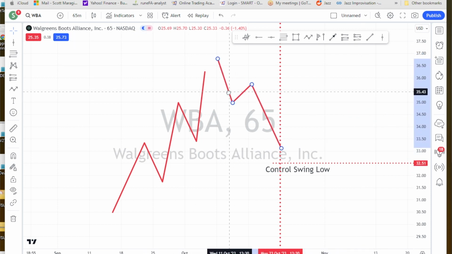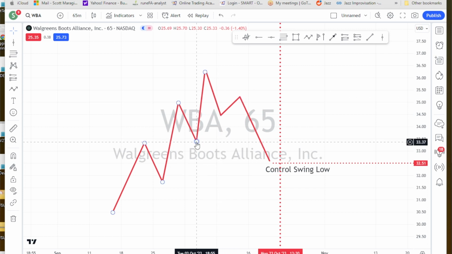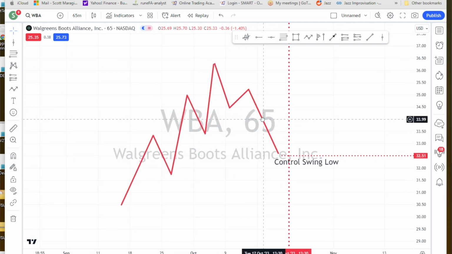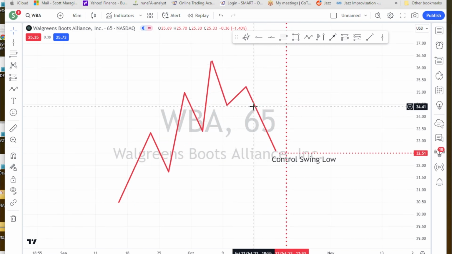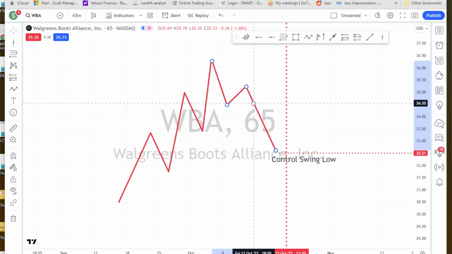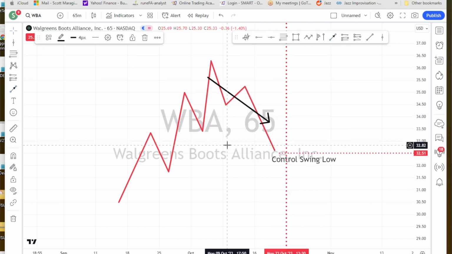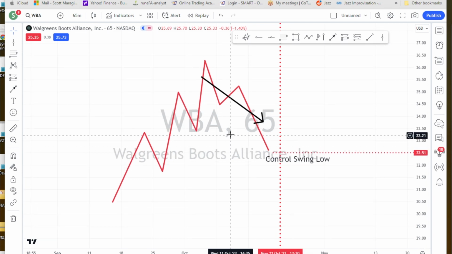Or I'm looking for some sort of reversal, and a very simple and effective reversal to look for is when we break a control swing low or control swing high, and you have structure going in the other direction, like you have right here, like this piece right here, and that piece right there, and you're now trading in this direction. So it's a short. Okay.